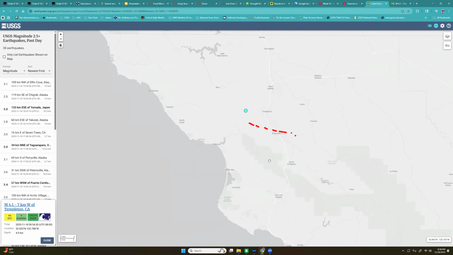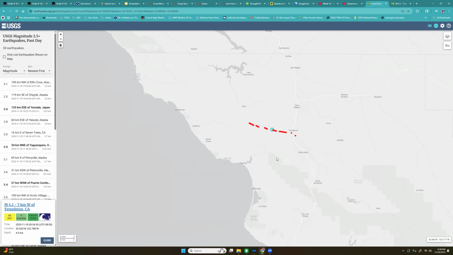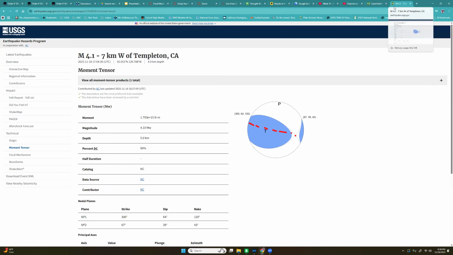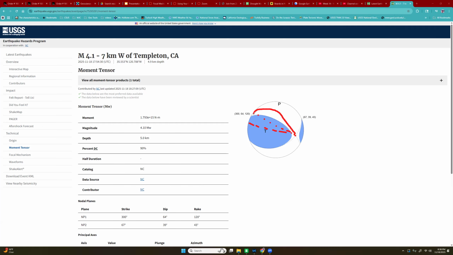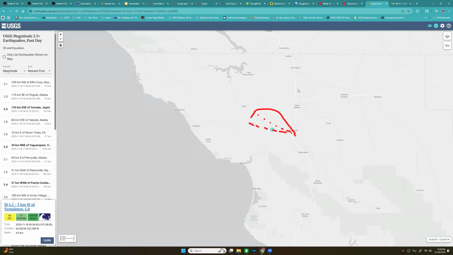My suspicion would be either you could have a fault running like this, or going back this direction, you could also have a fault running. It could also basically go up and over that way, running in that direction. So who knows? We'll have to see which way those faults run.